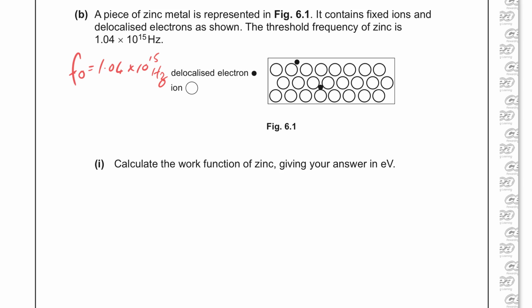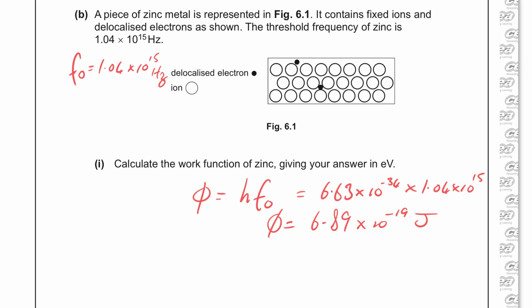We can get h, the Planck constant, from your formula sheet. And so if we combine those, we should get an answer in joules, and then we can convert it to eV. So h times f naught would look like that. And if we put that through the calculator, we get 6.89 times 10 to the minus 19 joules.